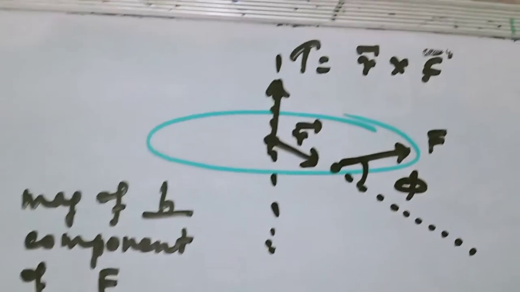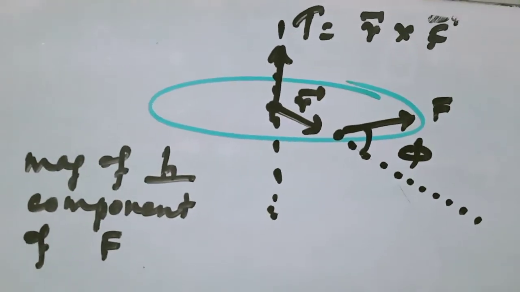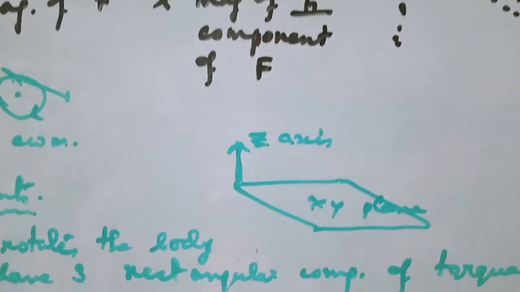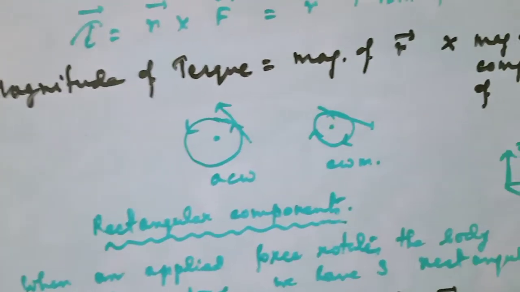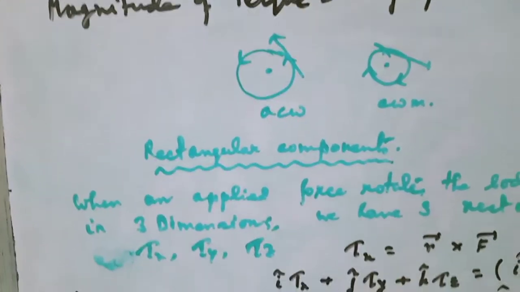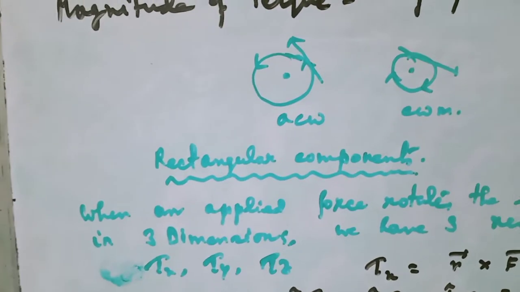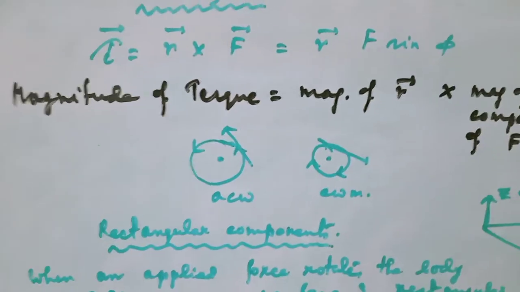The z axis is perpendicular to both R and F. Similarly, in 3 dimensions, when an applied force rotates a body, we have 3 rectangular components of torque, resolved into tau x, tau y and tau z. I am coming to this point later on. First of all, how can you determine the sign and the direction?